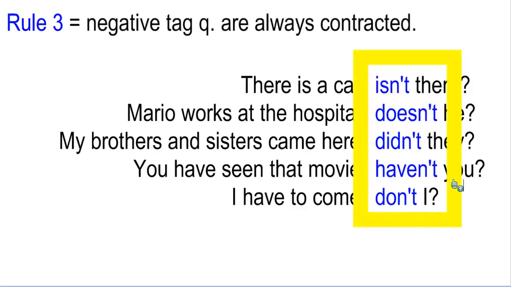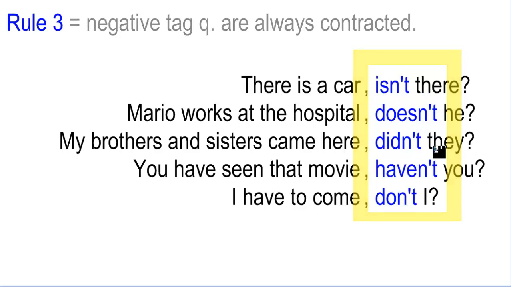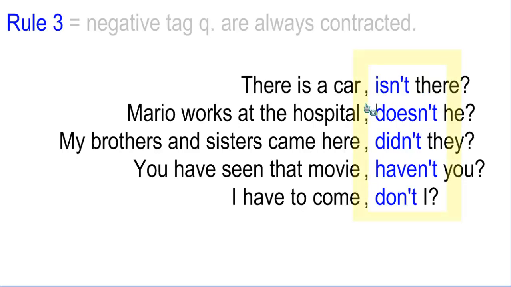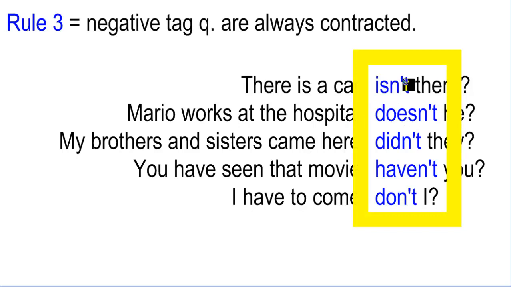All of these tag questions are negative. Negative tag questions are always contracted. So all the tag questions that are negative have to be contracted. You can never say is not there or does not he. That's incorrect. Okay, if it's negative, you have to use the contraction.